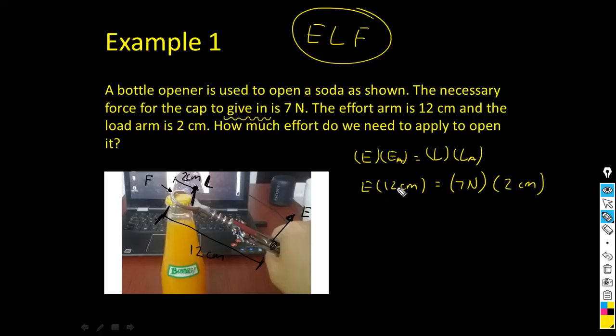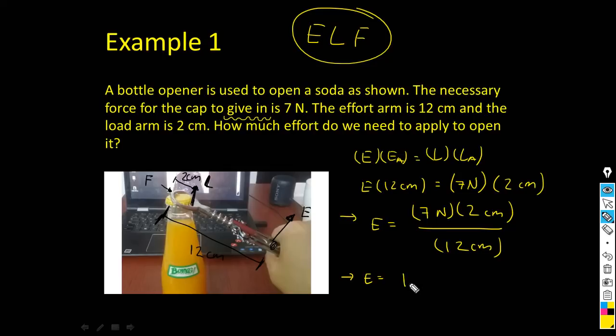Okay, now we just have a mathematical problem. It's no longer physics, it's just mathematics. So let's isolate the effort. It's gonna be 7 newtons times 2 centimeters over 12 centimeters. Okay, take your calculator, calculate this number, and we will get 1.16 newtons.